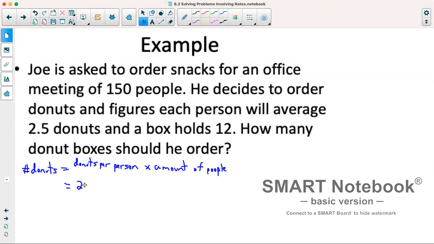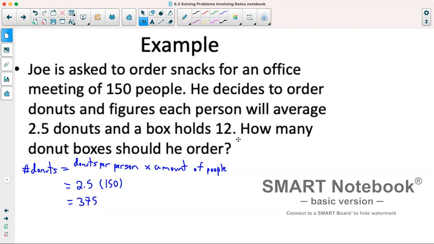So we have 2.5 times 150. That means we need 375 donuts.